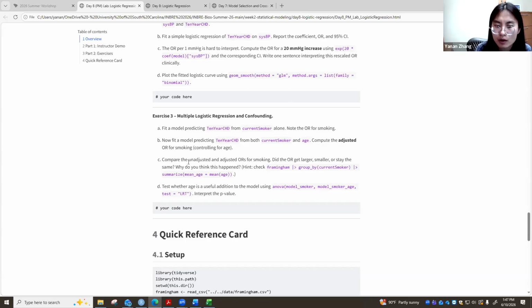In part C, we will compare the odds ratios that we observed from model A and model B, and see if the odds ratio of smoking changes a lot. Should we use the adjusted model or the unadjusted model? And in part D, we will compare these two models using the likelihood ratio test. Let's see whether part C and part D give the same conclusion or not.